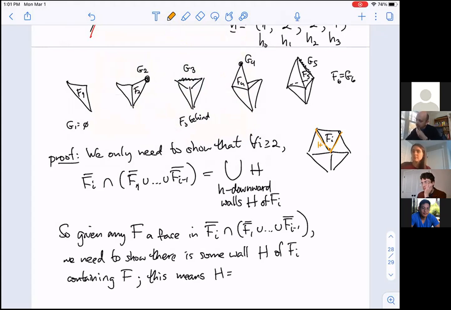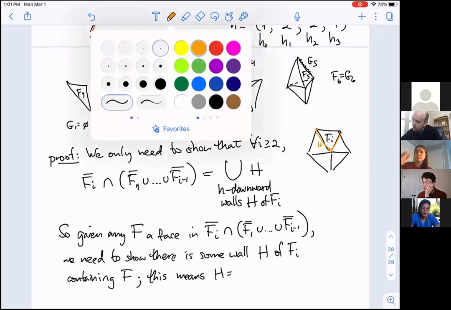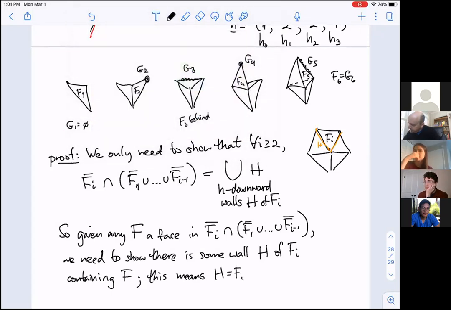So H is going to have to be Fi intersect Fj for some Fj that came earlier, meaning the functional value little h of Vj is less than little h of Vi.